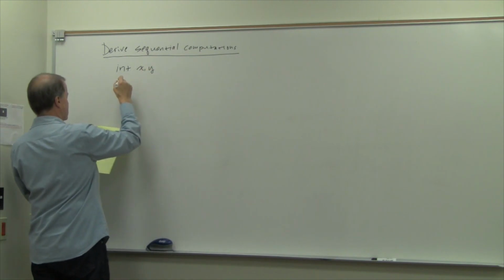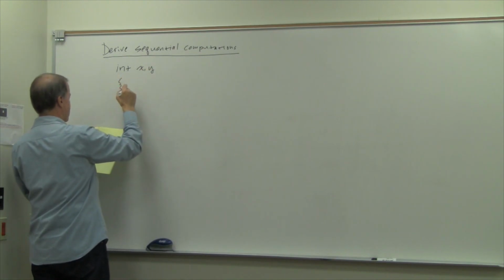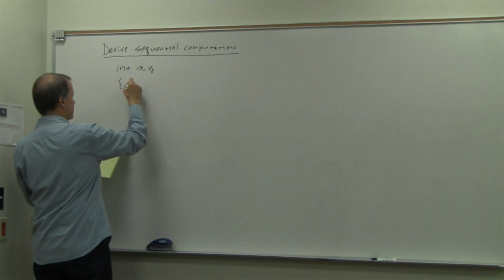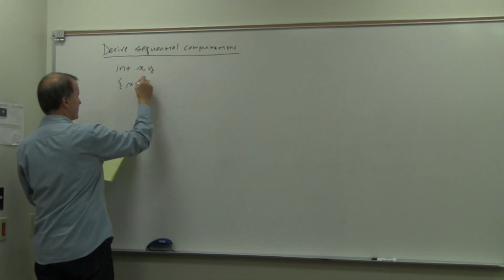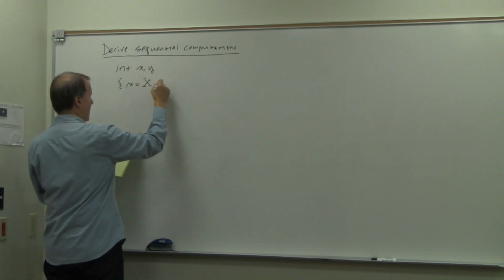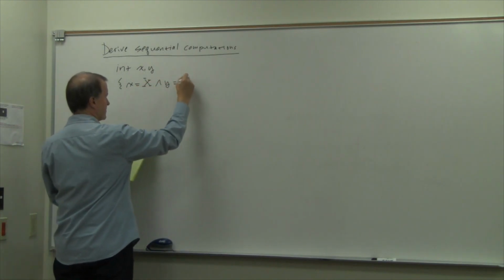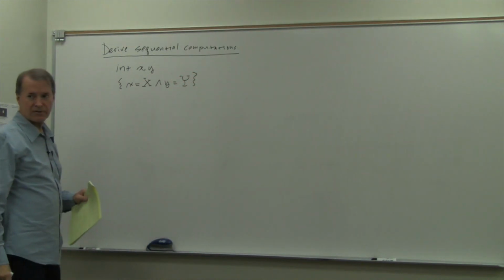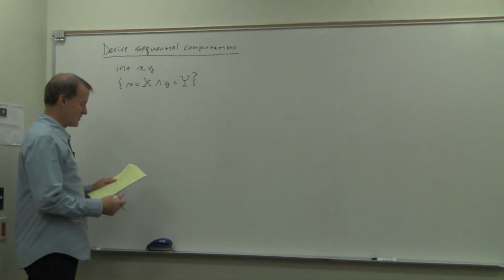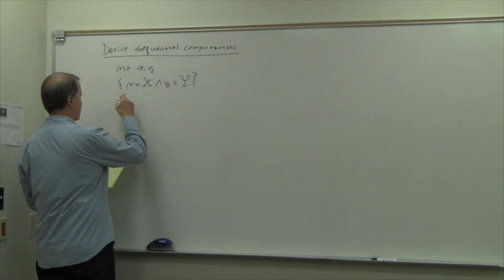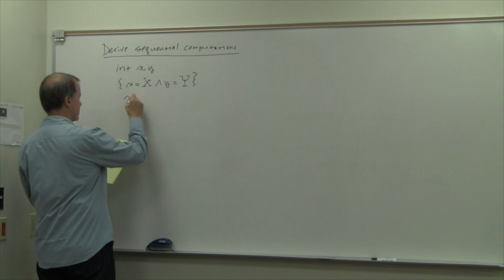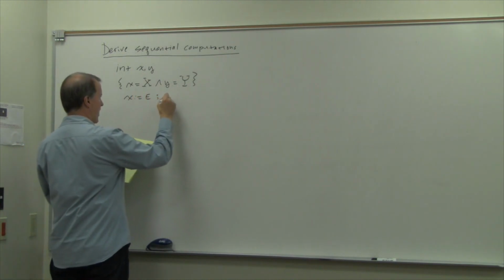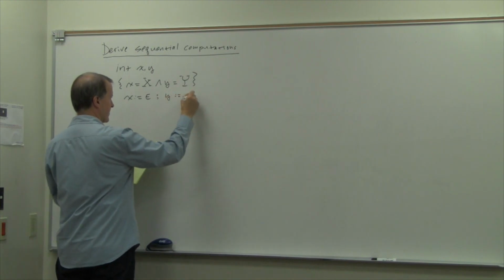Okay, so let's do this. Let's say that our precondition is x equals rigid x, and y equals rigid y. So we're defining what the initial values of x and y are. Now the program is x gets e; y gets x plus y.